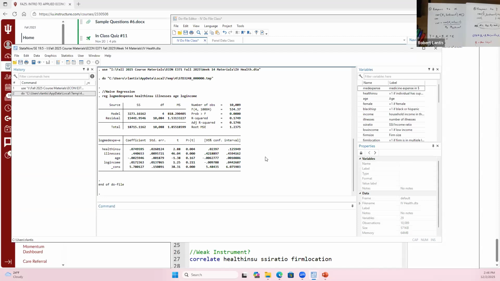So it's a 1% change in income causes my y variable to change by 0.017%. Everything's in terms of percentages. It's not a linear log, so I don't have to do any kind of adjustments like dividing or multiplying by 100. It makes it a little bit easier here, right? So a 1% change in income increases my medical expenses by about 0.017%, holding all these other factors constant.